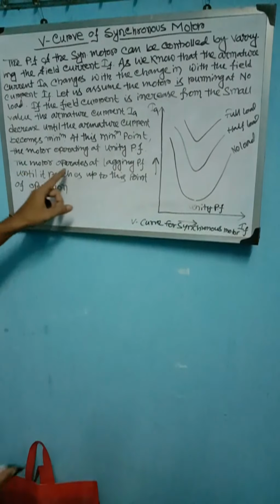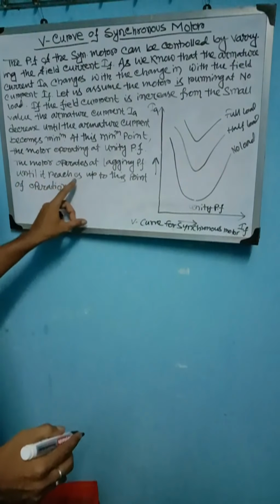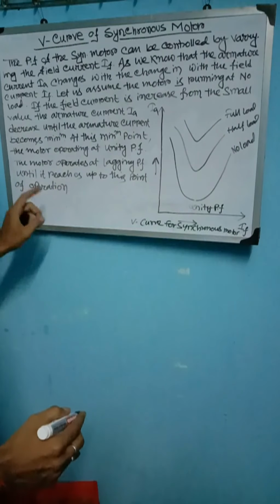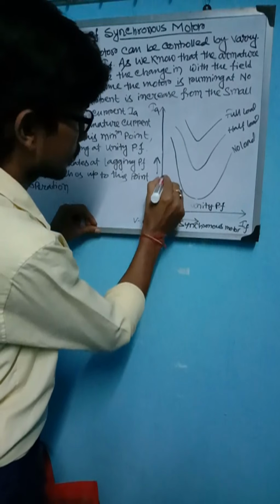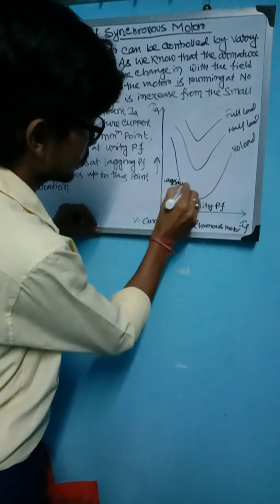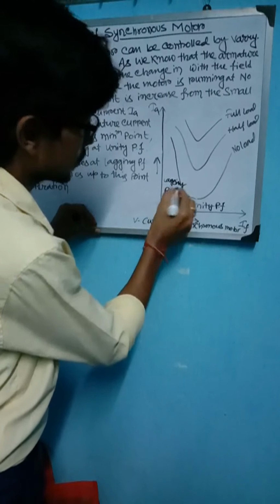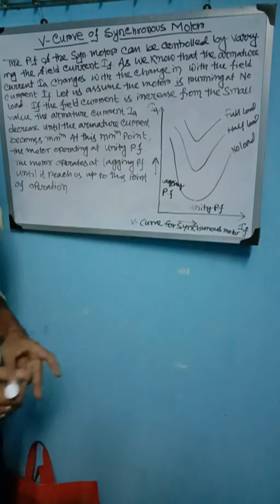And the motor operates at lagging power factor until it reaches up to this point of operation. So these are the lagging power factor for the no load.